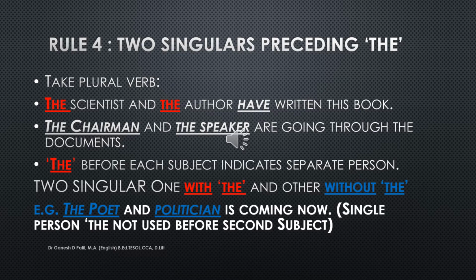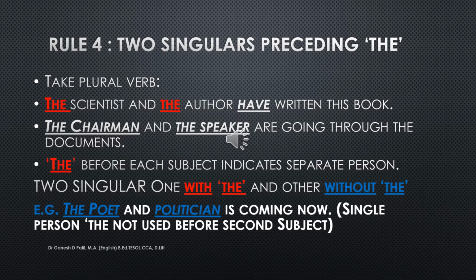The before each subject indicates a separate person. However, two singulars with the before only one singular subject take a singular verb. For example, the poet and politician is coming now.